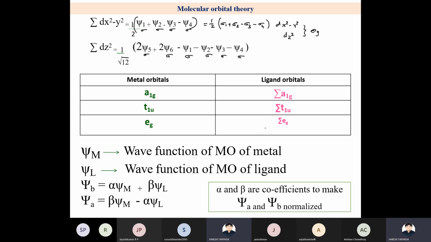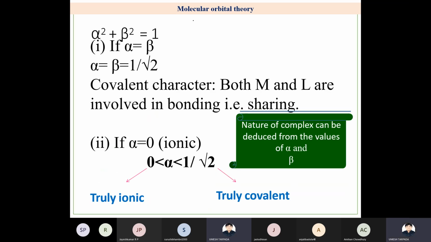So how are you getting pi bond by T2G? So T2G can be transformed into pi bond in this way. See, this is T2G, that is dxy, dyz, and dxz. So you can have pi bonding combinations: the first one is 1 by 2 (pi 1 plus pi 2 plus pi 3 plus pi 4).